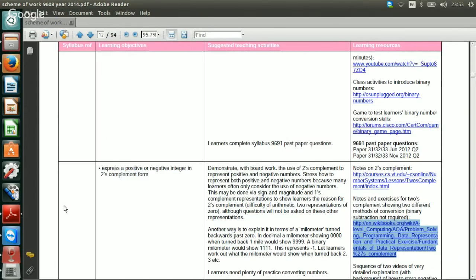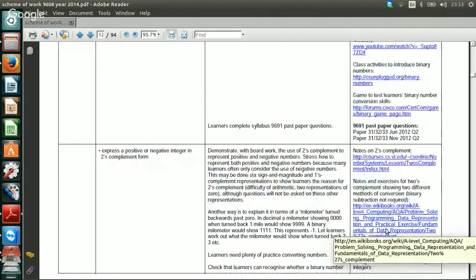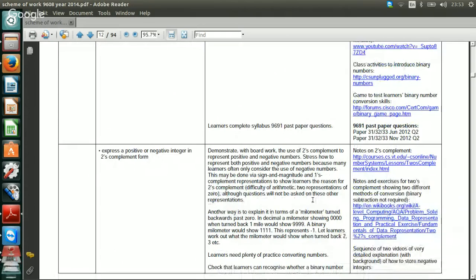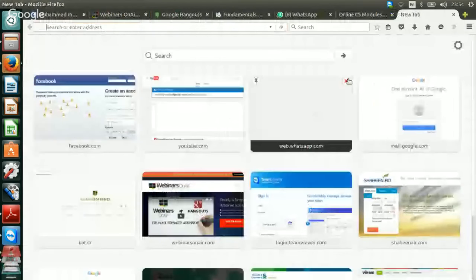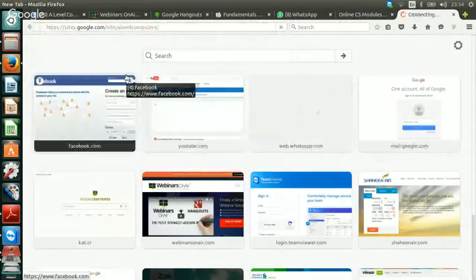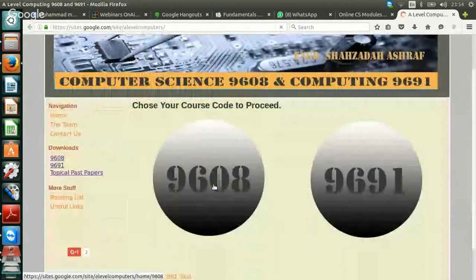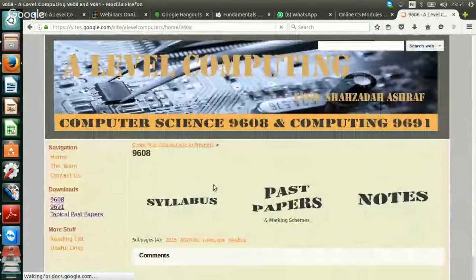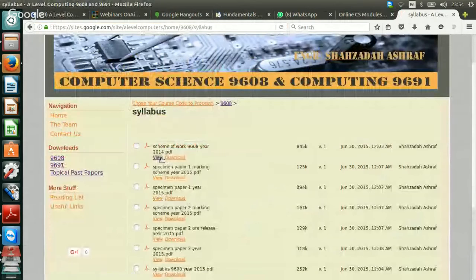I'm taking help from the teacher's scheme of work, which is very helpful. I have uploaded this teacher's scheme of work on the A-level site as well, which I mentioned in the very first class. This is the site. You can get the scheme of work from there as well, under the syllabus.